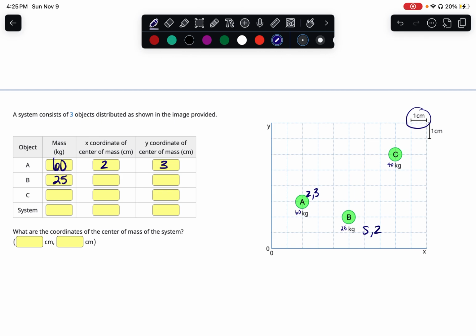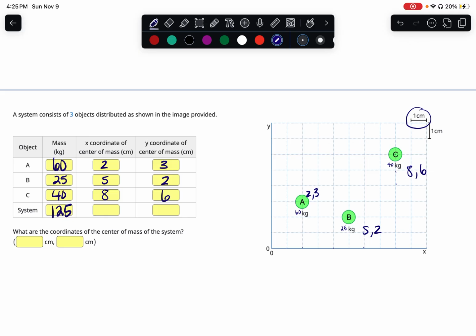And C has a mass of 40, and it is at 2, 4, 6, 8, 3, 4, 5, 6, 6. So it's at 8, 6. Okay, the total mass of the system is going to be 125. I just added those up.